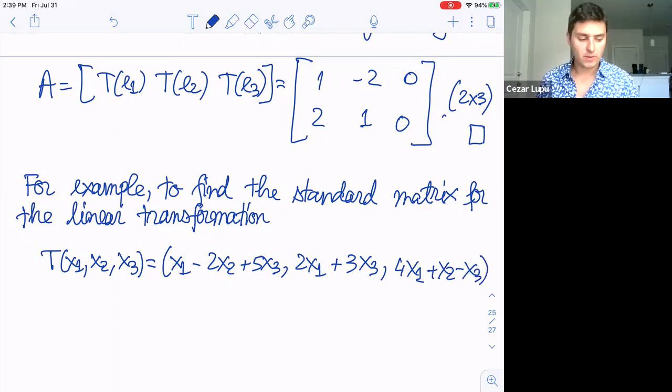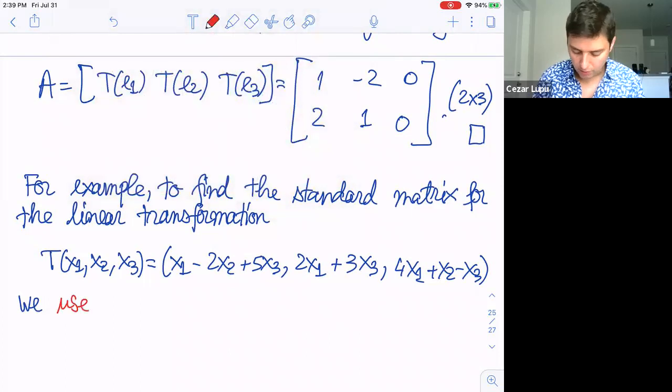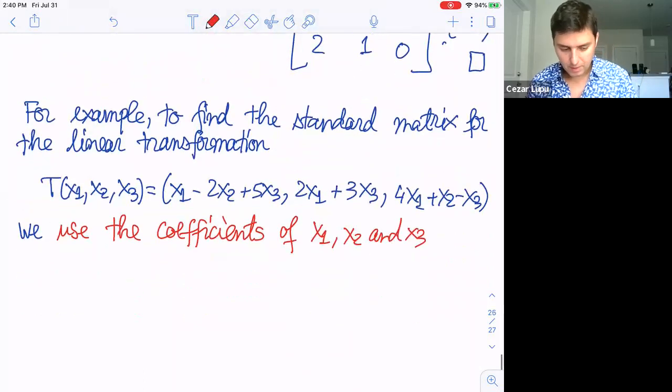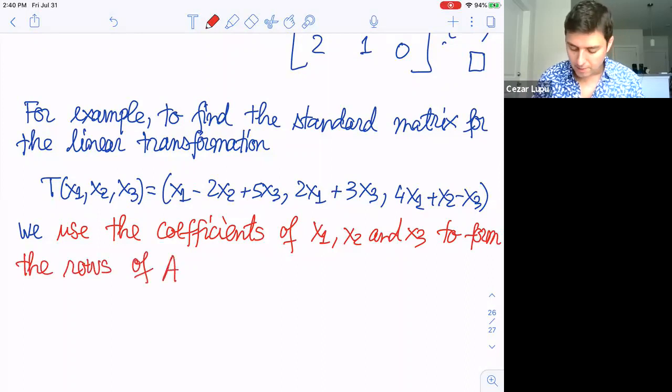To find the standard matrix for this linear transformation, we use the coefficients of x1, x2, and x3 to form the rows of A, as shown below.